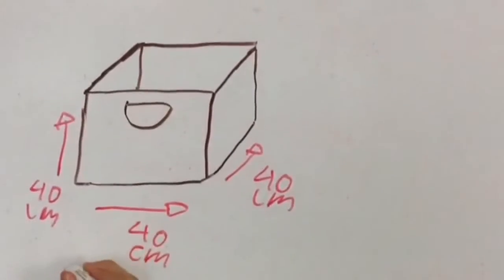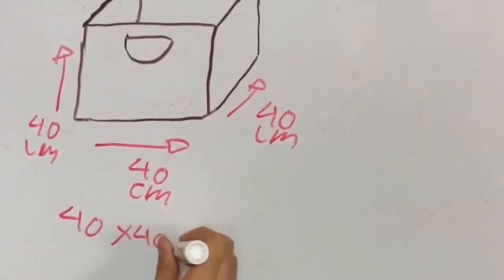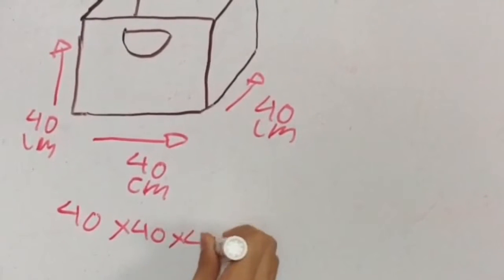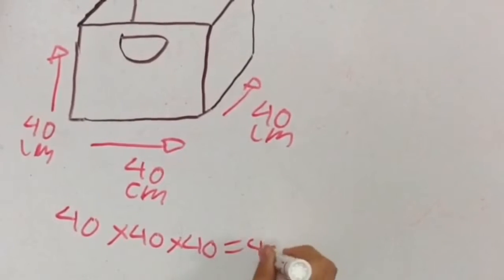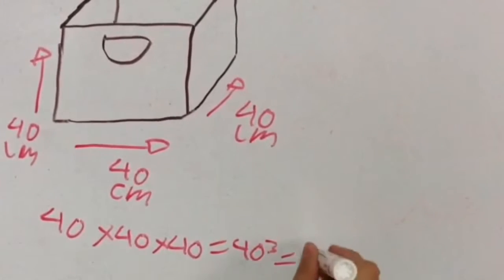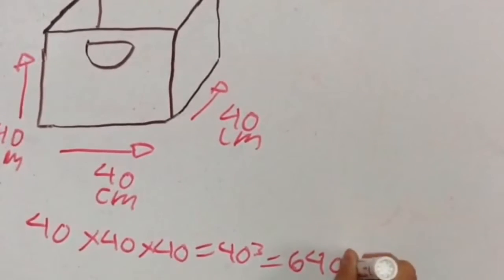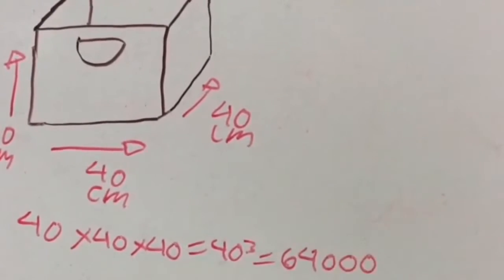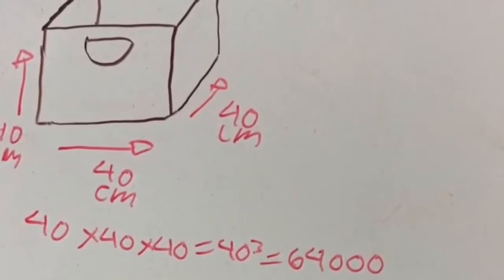You could simply write 40 times 40 times 40. But why not go simpler? You could write 40 to the power of 3, or 40 cubed, which would be 64,000 cubic centimeters.